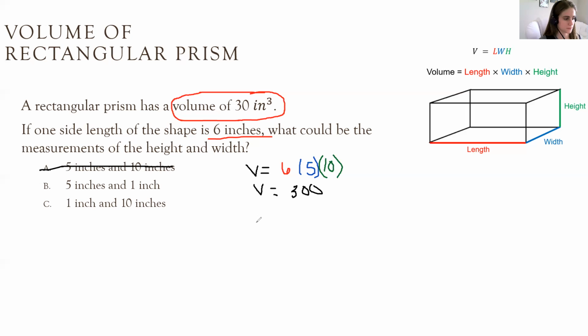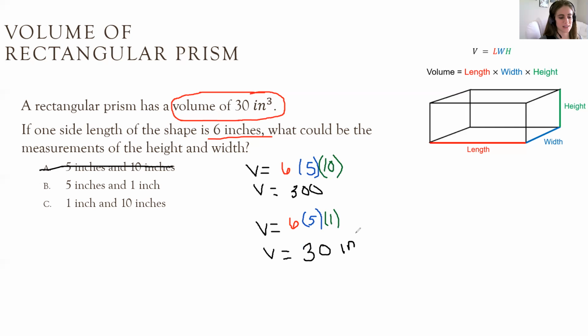Let's try B. We're still using that one side that we were given. We know for sure one side is 6, but this time let's try a length of 5 and a height of 1. If I multiply that, 6 times 5 is 30, 30 times 1 is 30. Is that what we were looking for?